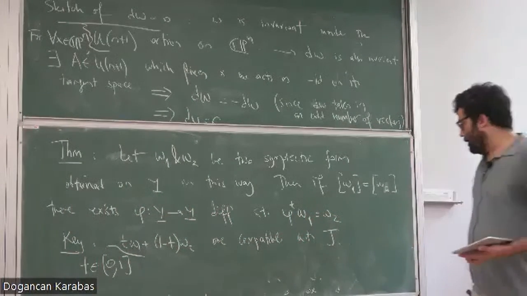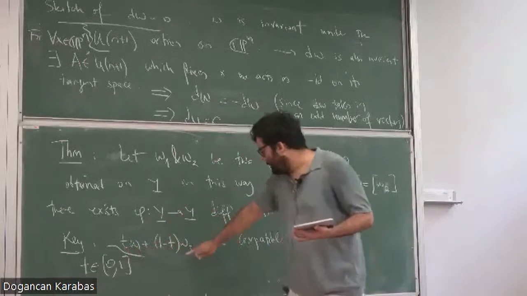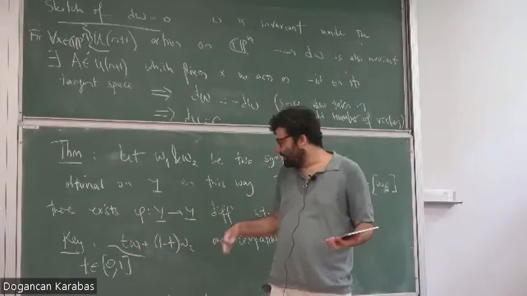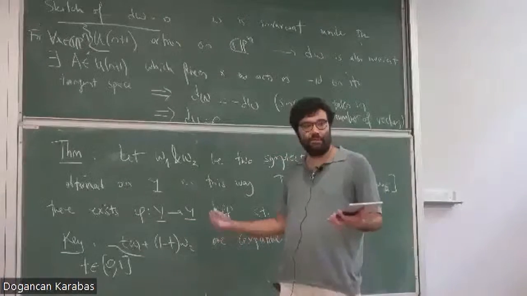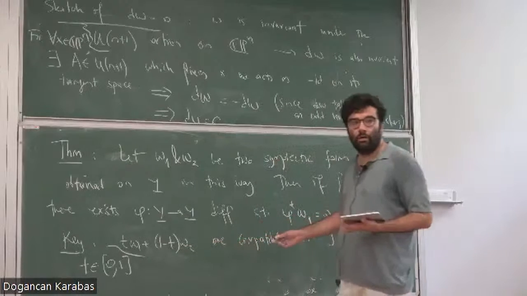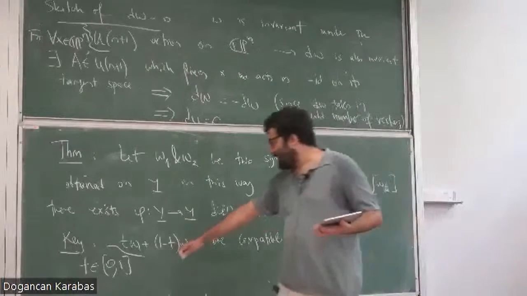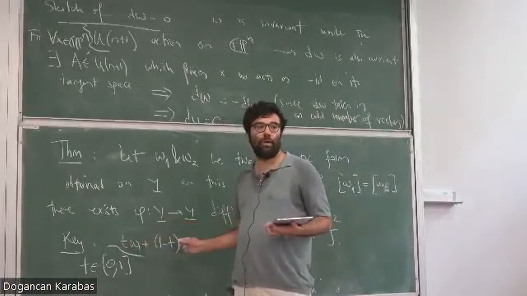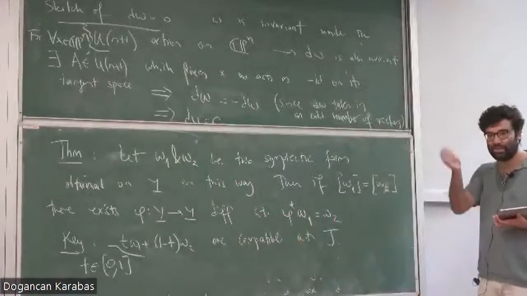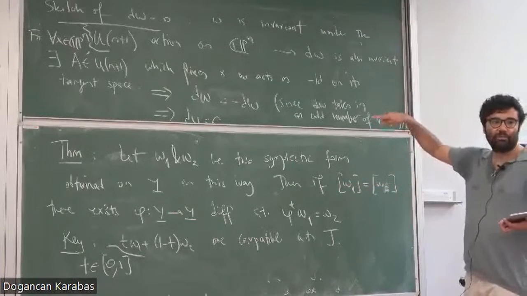Now, I know that omega 1 and omega 2 are both closed, so any convex linear combination like this will always be closed. But the issue is that it might fail to be non-degenerate. Because both of them are compatible with J, you can check that these convex linear combinations are also compatible with J, which proves non-degeneracy. You can check that for each omega in this family, omega(v, Jv) is positive.